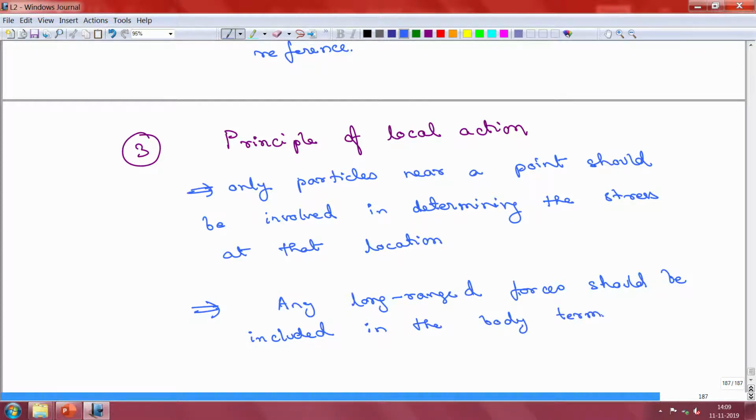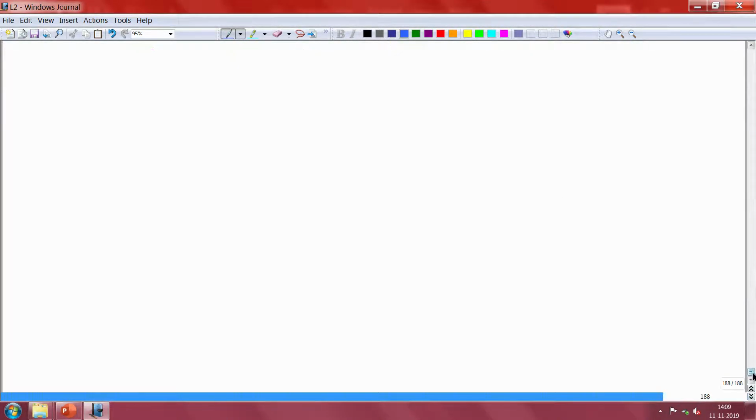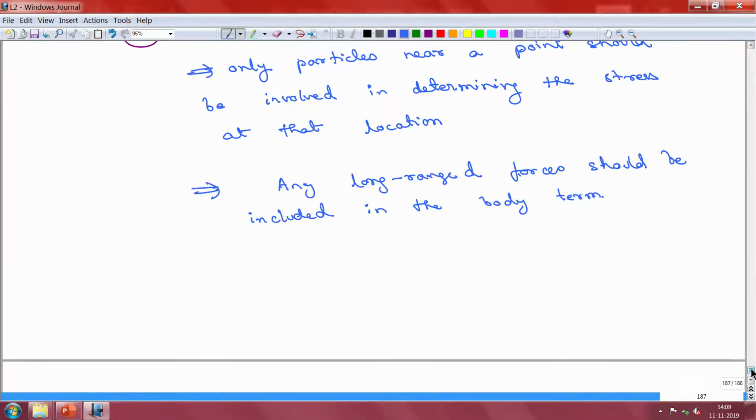So, this is where we separate the action of the far away system versus the local body or the local neighborhood. Because we know that, for example, gravity does have a role, and gravity from far away bodies can have a role in determining stress, but that is considered as a body force term. Right.